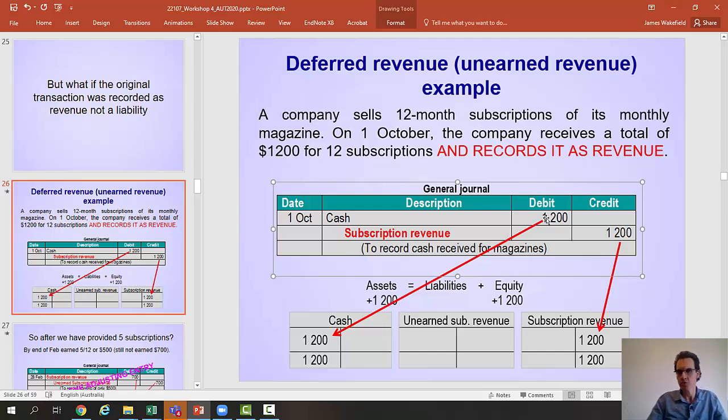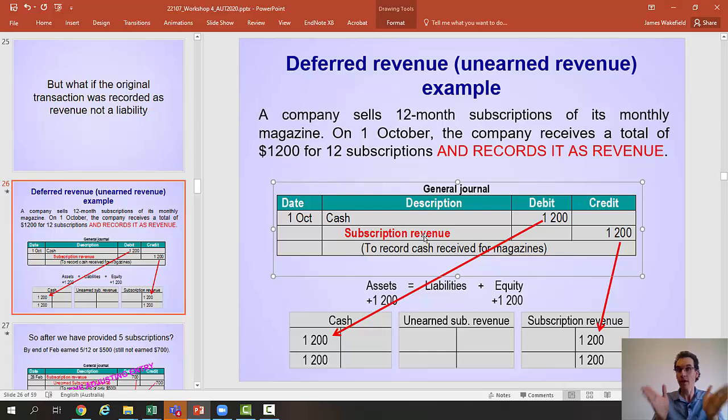But one of the key things we need to learn with adjusting entries is that you are adjusting the financial records to actually recognize the revenues of the business and the expenses of the business. So if someone in the business originally recorded the receipt of the 12 months of subscription revenue as this transaction here by crediting subscription revenue, then when you record the adjusting entry, you need to adjust this so we actually recognize the revenue the business has earned when we record the adjusting entry at the end of the financial period.